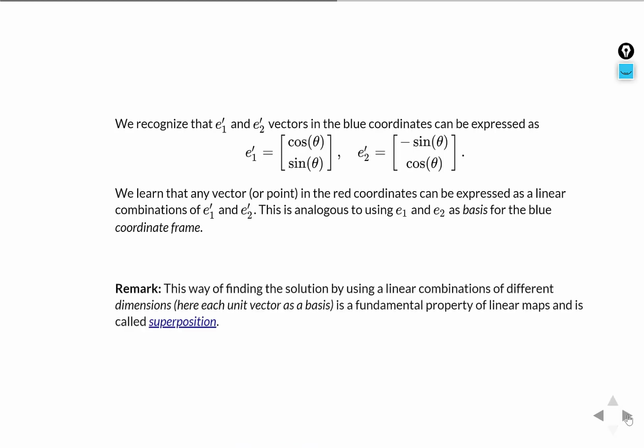A remark: this way of finding the solution by using linear combinations of different dimensions or bases is a fundamental property of linear maps and is called superposition.